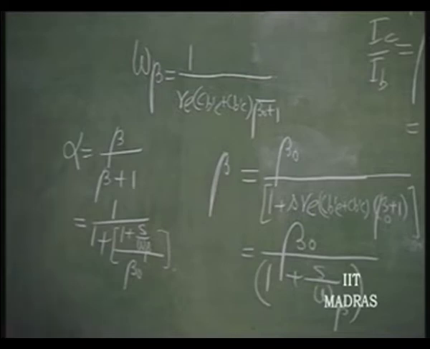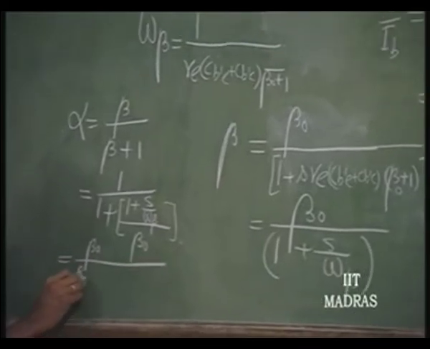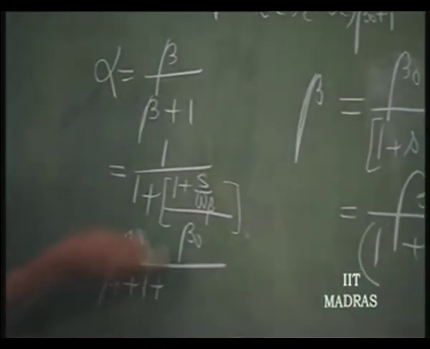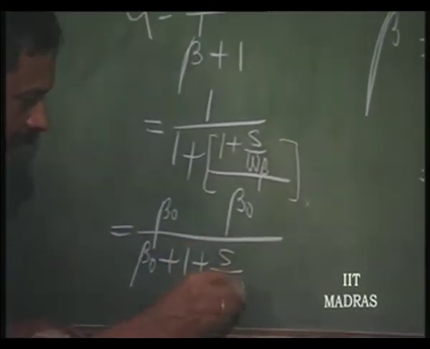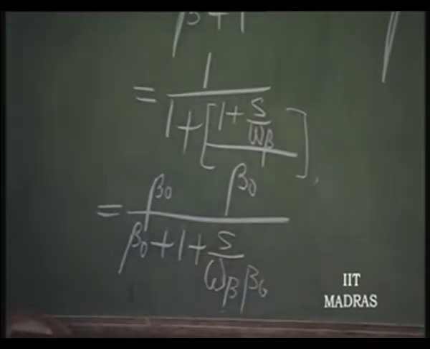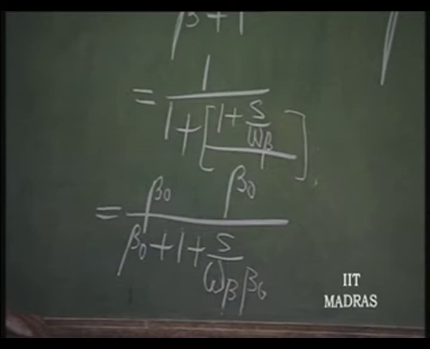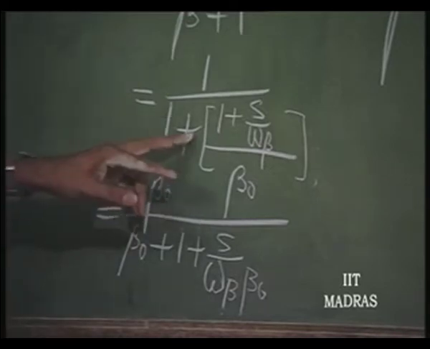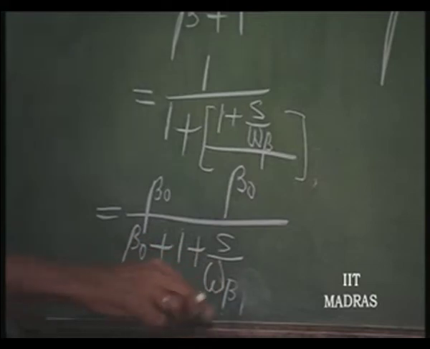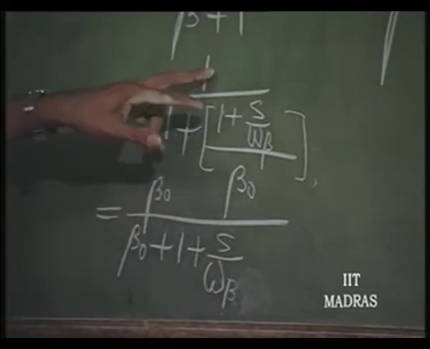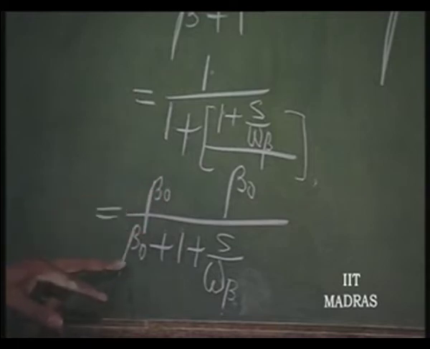So, we will rewrite this as beta naught divided by beta naught plus 1 plus S by omega beta into beta naught. Beta naught comes to the numerator. So, beta naught by beta naught plus 1 plus S by omega beta.